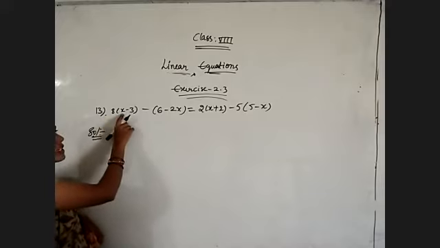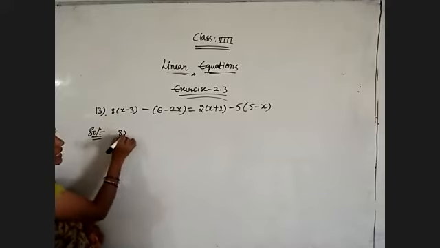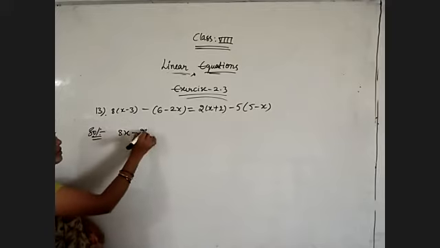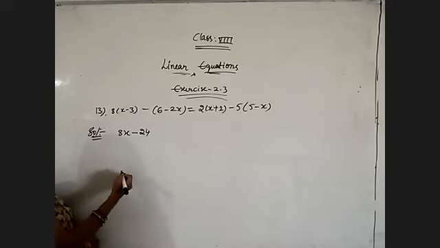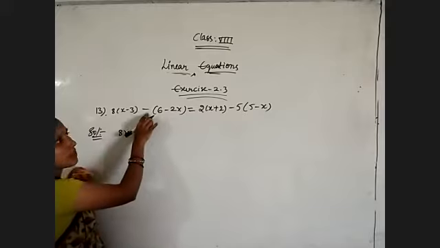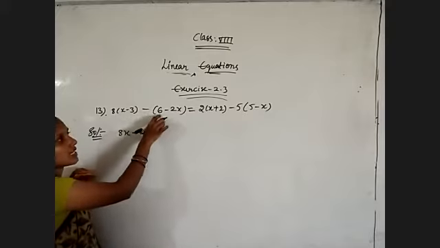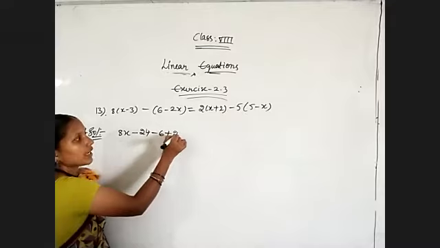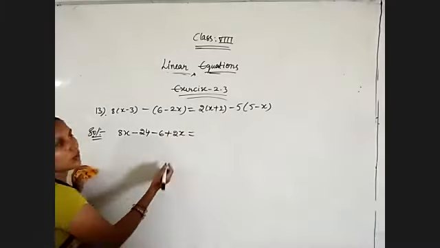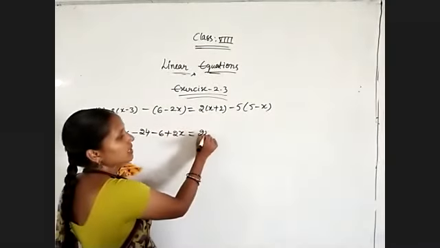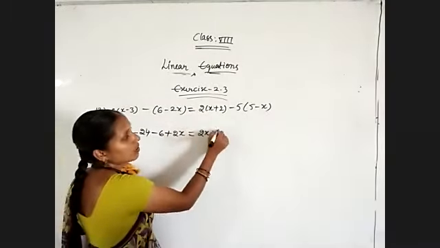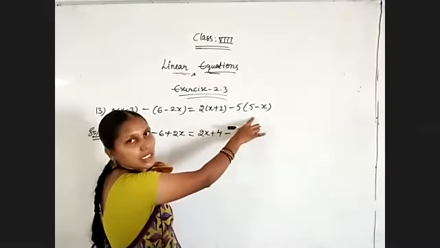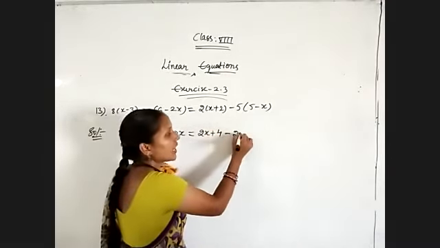Okay, 8 into x, 8x, minus 8 3s are 24. Here minus is preceding, only minus. So minus into 6, minus 6, minus into minus, plus 2x is equal to 2 into x, 2x, plus 2 2s are 4, minus 5, minus 5 is preceding. 5 5s are 25.